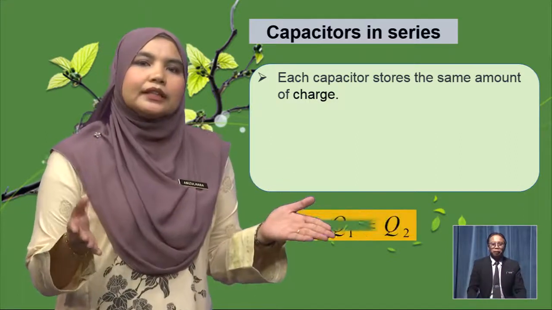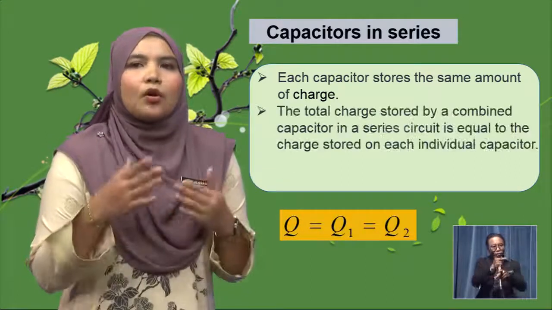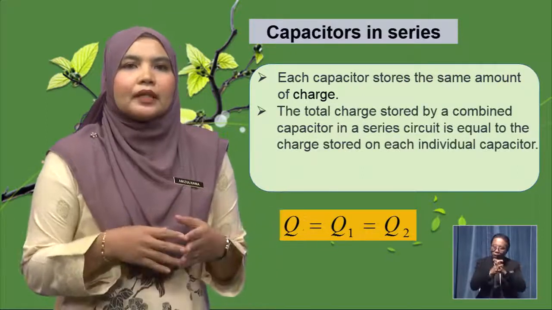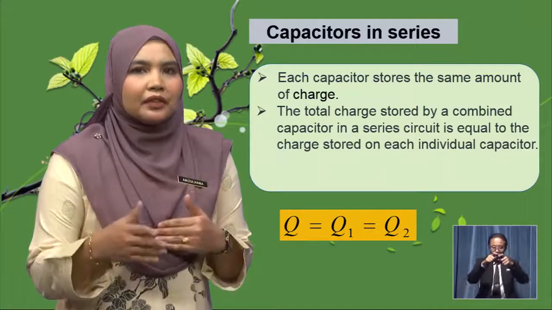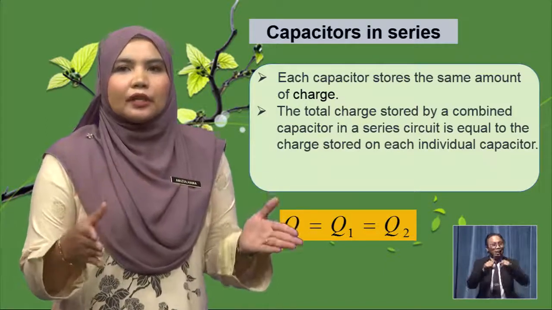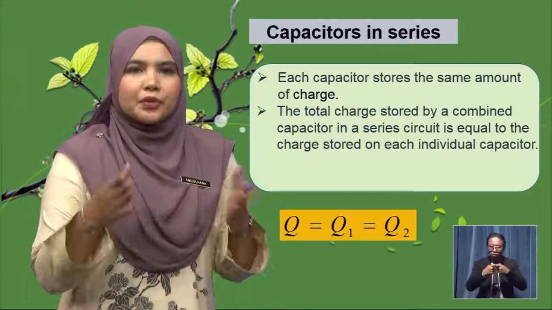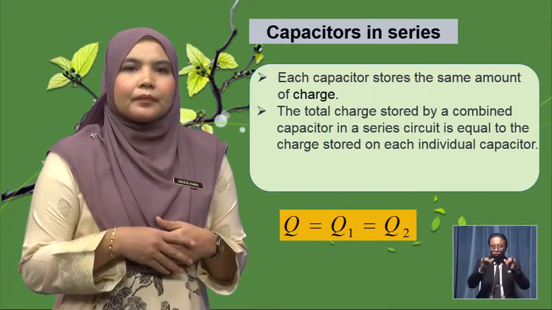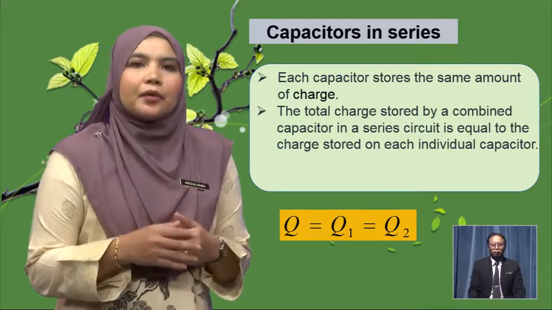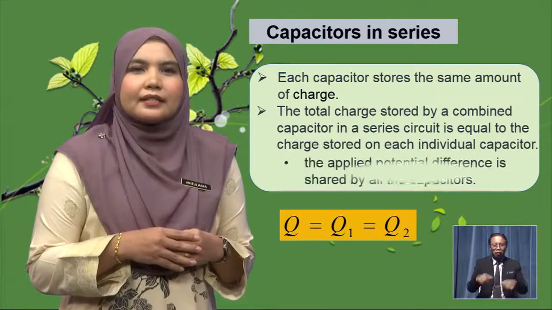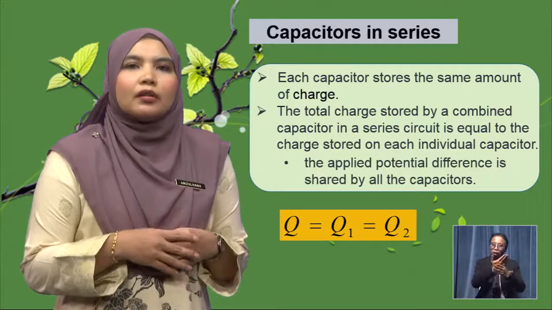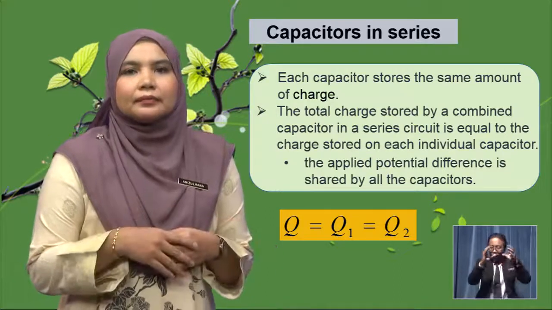The total charge stored by a combined capacitor in a series circuit is equal to the charge stored on each individual capacitor. This is because the applied potential difference is shared by all the capacitors.